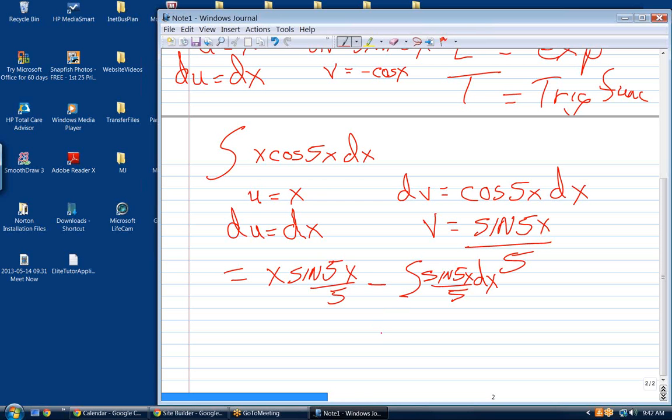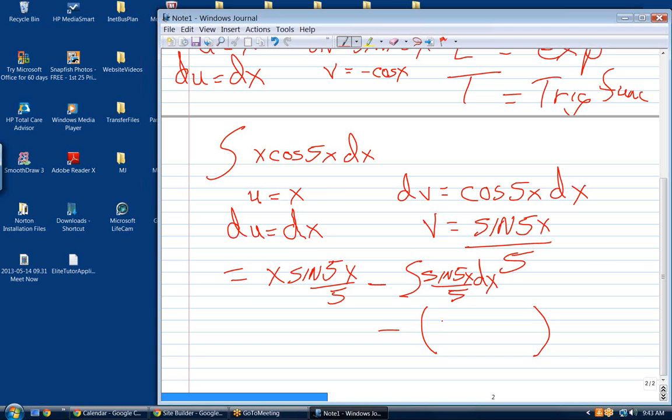So what's the integral of sine 5x over 5? Can you move the 1/5 out? You can, although I don't find that particularly useful. You can take the antiderivative of sine of 5x the same way we took the antiderivative of cosine of 5x.